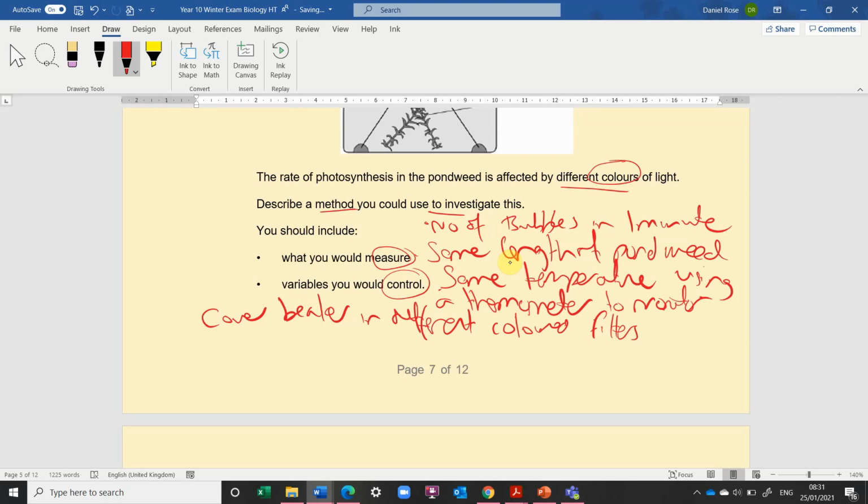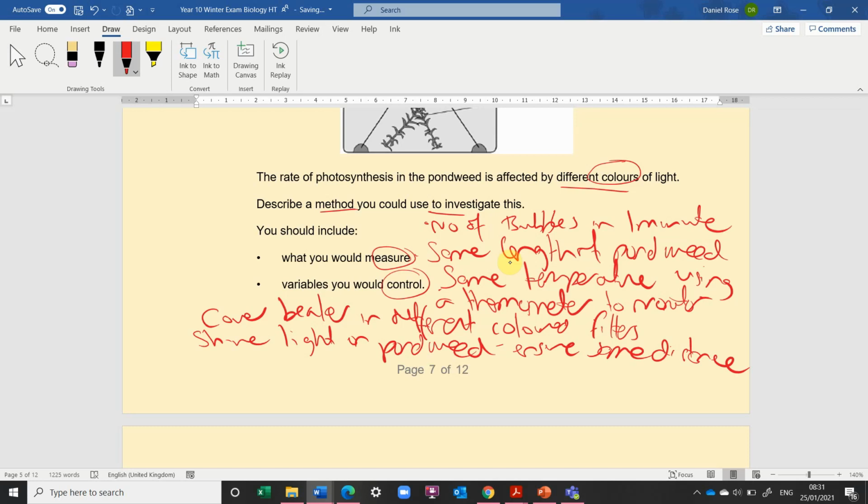And then shine light on the pondweed. Not totally convinced that's really a mark, but you can make the point. Ensure it's the same distance each time from the pondweed.